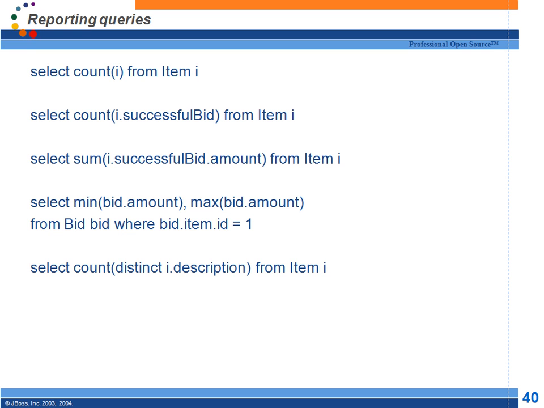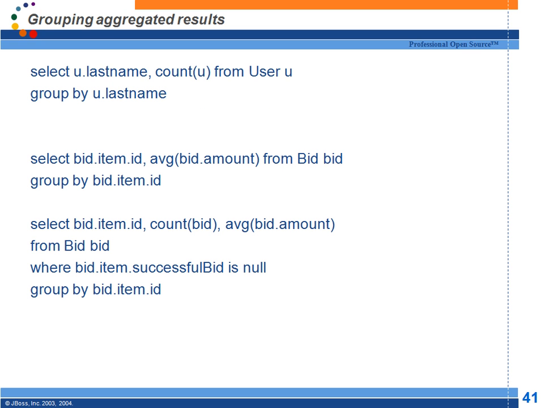Reporting queries. Queries where you need to perform things like count, sum. This is an example of how to use functions like count, sum, minimum, maximum, count of distinct. Just like in SQL, not much difference. Grouping, we already discussed this.